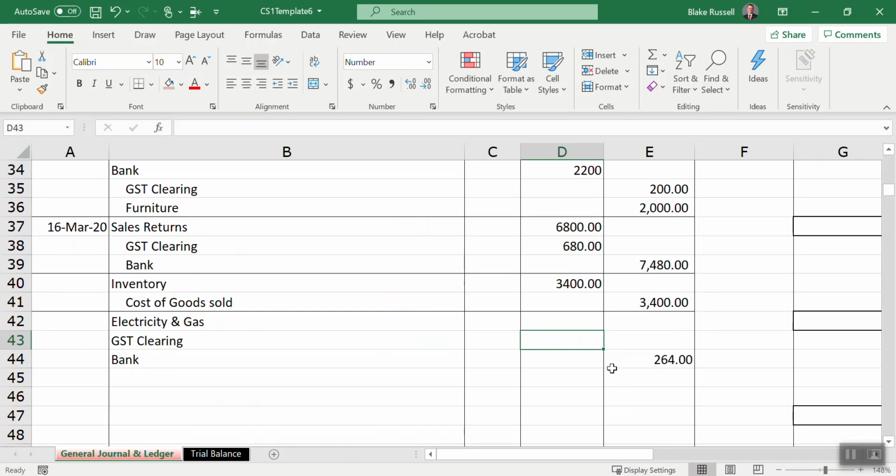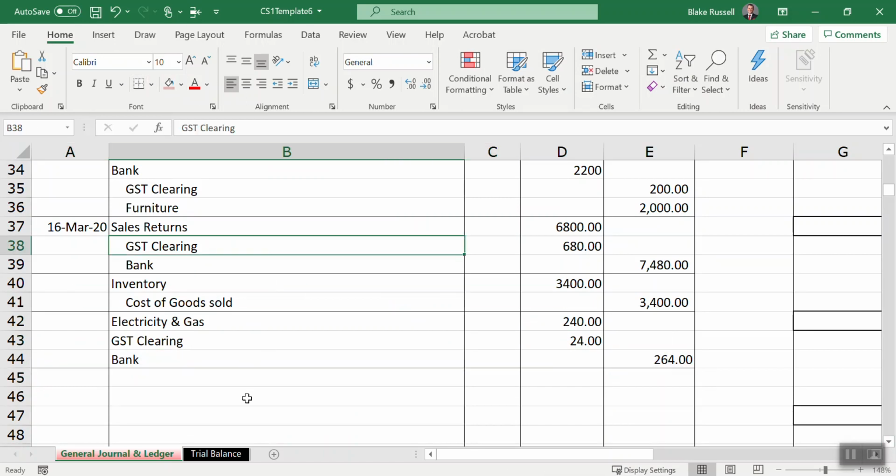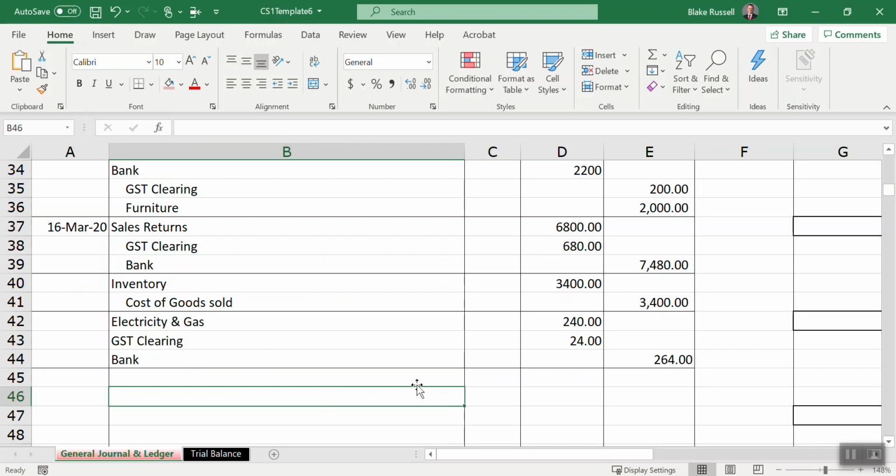We can claim back the GST on that in the taxation office, and it's $240 is there. And that's the paying electricity and gas. That's an expense account.